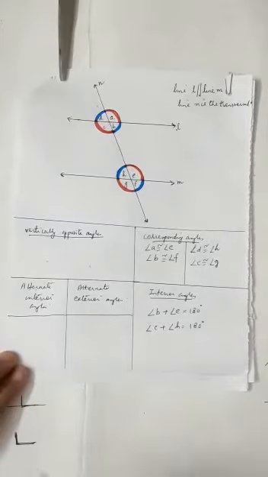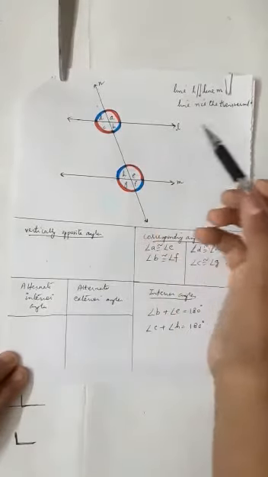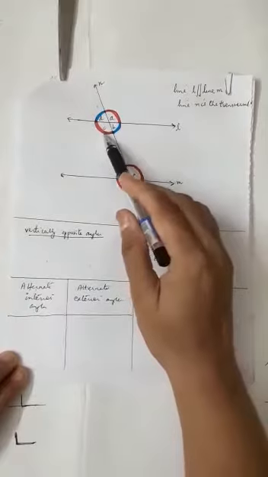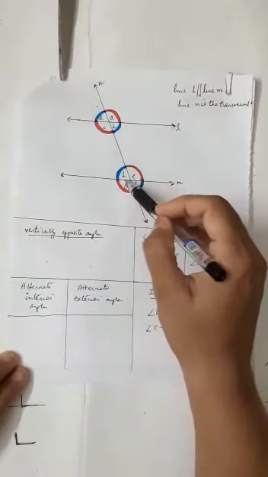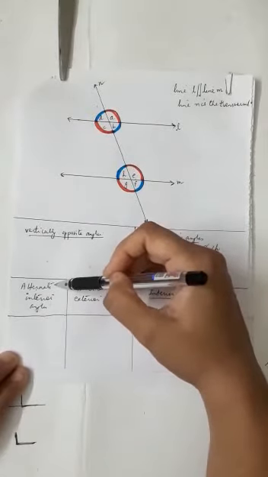Now moving to alternate interior angles. Again the word interior means we will be taking only the 4 angles C, B, E and H. But this time, how are the interior angles? They are alternate.